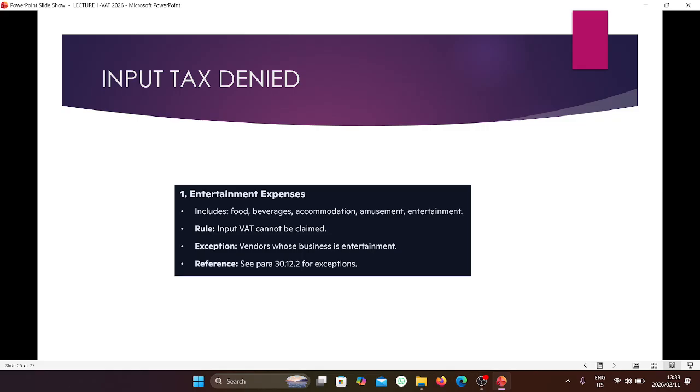For example, a cinema: you go there, you watch movies, and they provide you with popcorn which you can buy, they provide you with drinks which you can buy. In that case, they can claim input VAT.